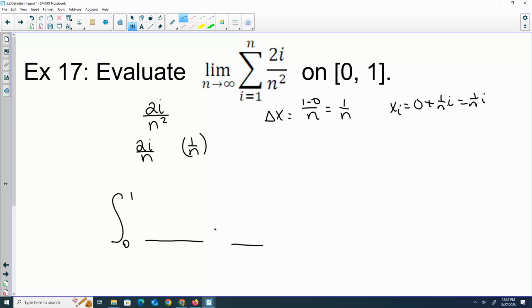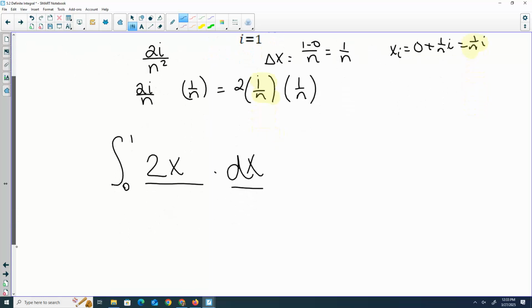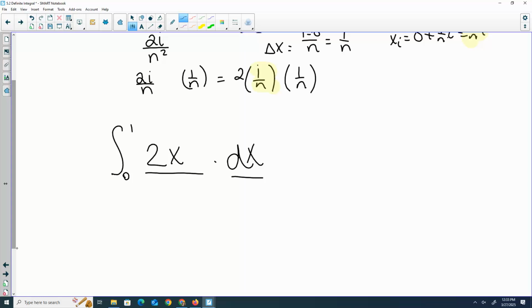But I know i over n is my x sub i, so that's like a 2 times i over n times 1 over n. The x sub i will turn back into an x. So we have a 2, we have an x. The 1 over n goes back to my dx. So I'm asking you to evaluate the integral from 0 to 1 of 2x dx.